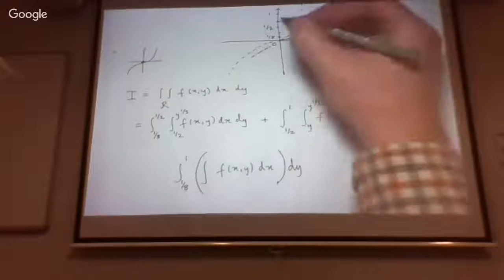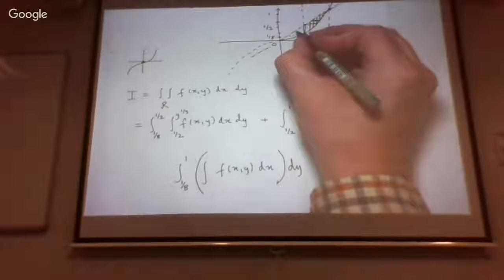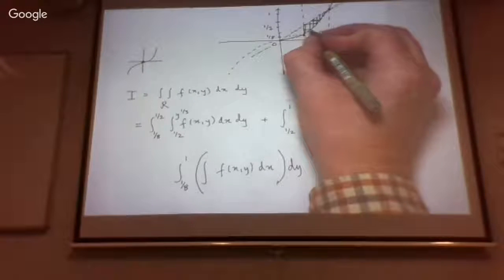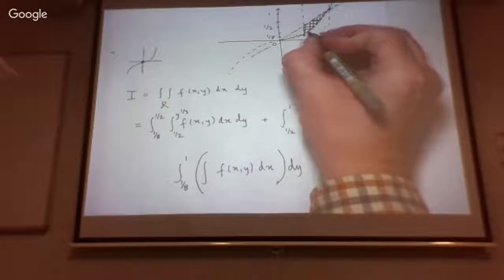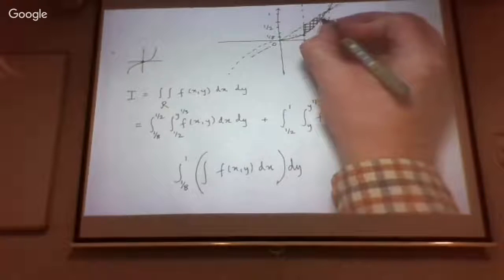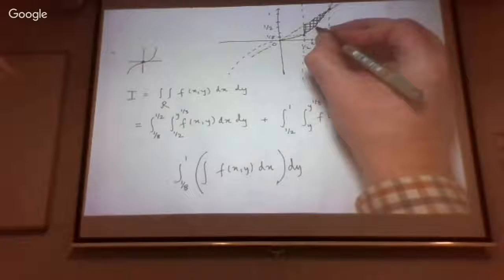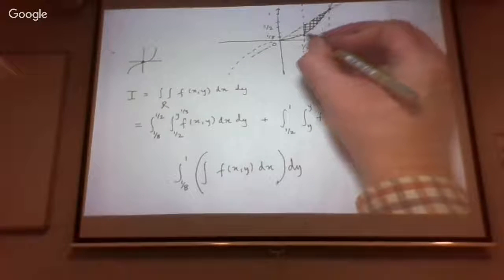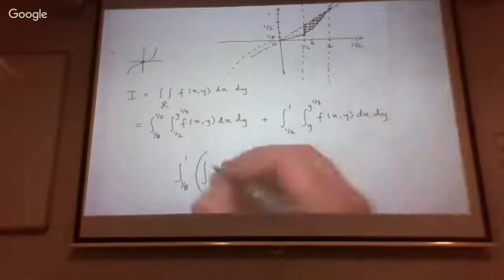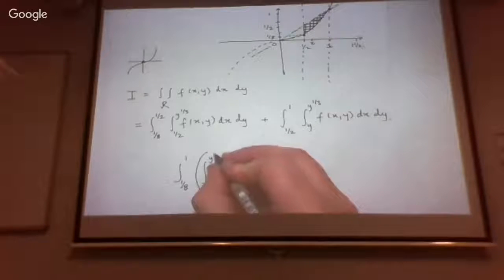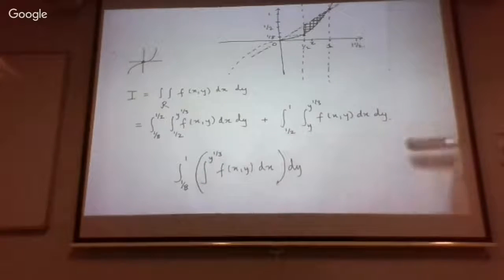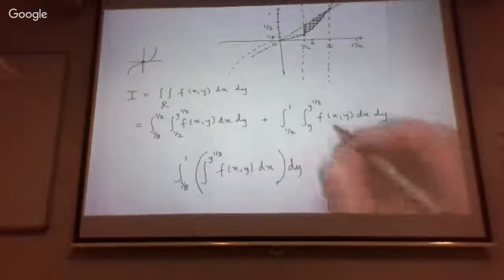So for different values of y, you have to integrate across different values of x. Now, when you look at these horizontal strips I've drawn across the region, you see every horizontal strip ends on this red curve there. But the equation of that red curve is x equals the cube root of y, or y equals x cubed. It's the same curve.